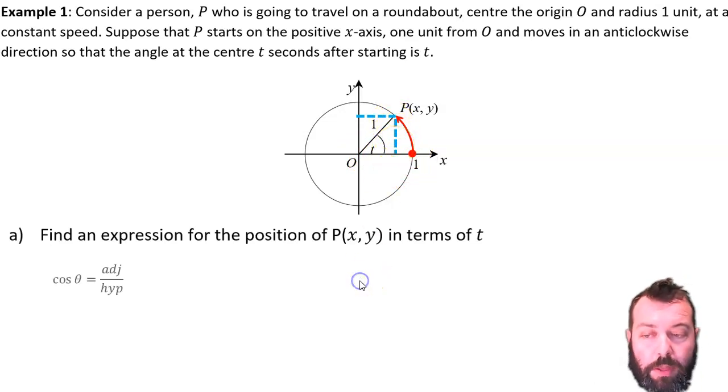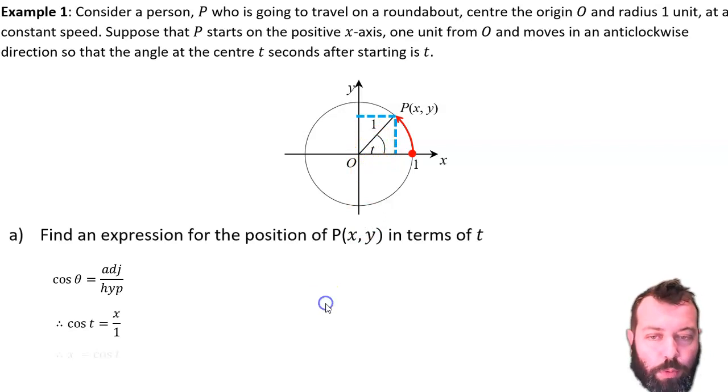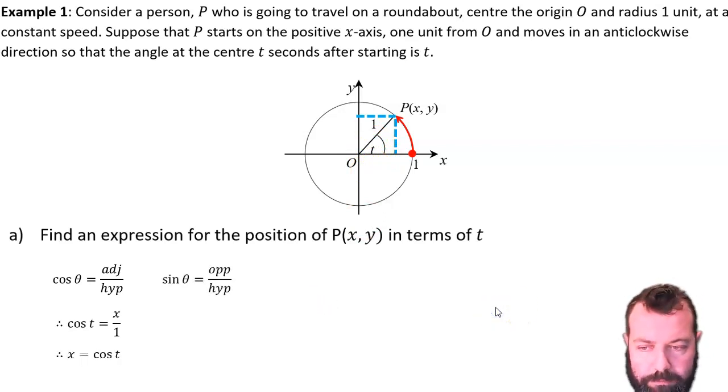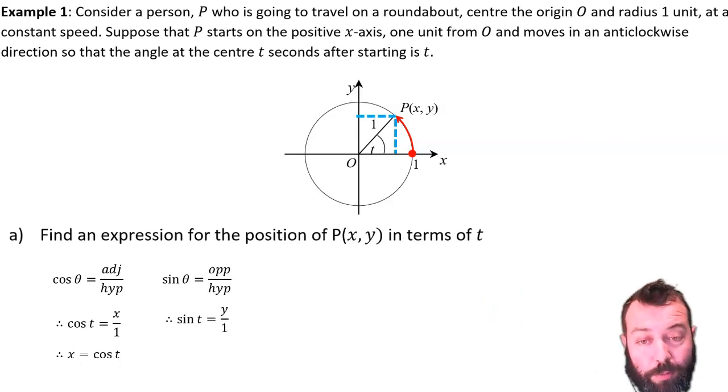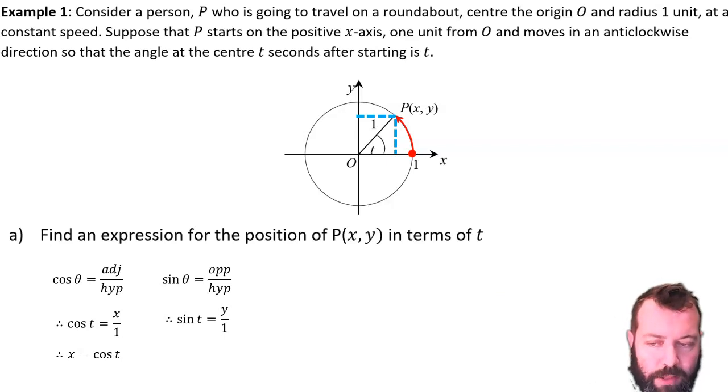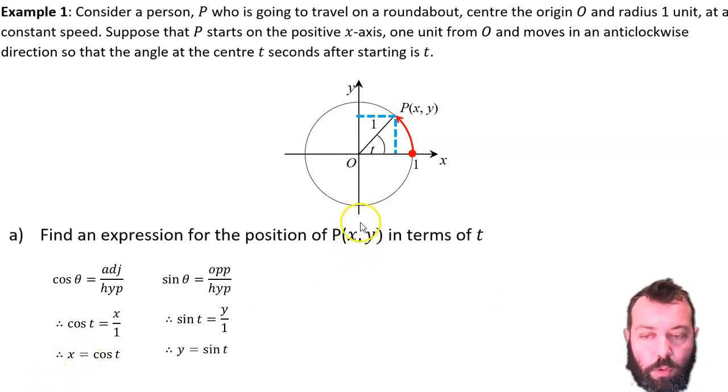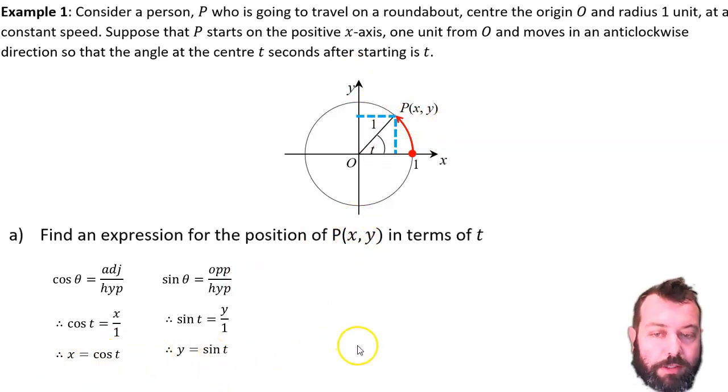So if the cos of theta is adjacent on hypotenuse, that means cos t equals x over 1, or x equals cos t. Similarly, sine theta is opposite on hypotenuse, and the opposite is y. The hypotenuse is 1, and theta is t. So that means that y equals sine t. So here is an expression for the point there. It's where x is the cos of t and y is the sine of t.